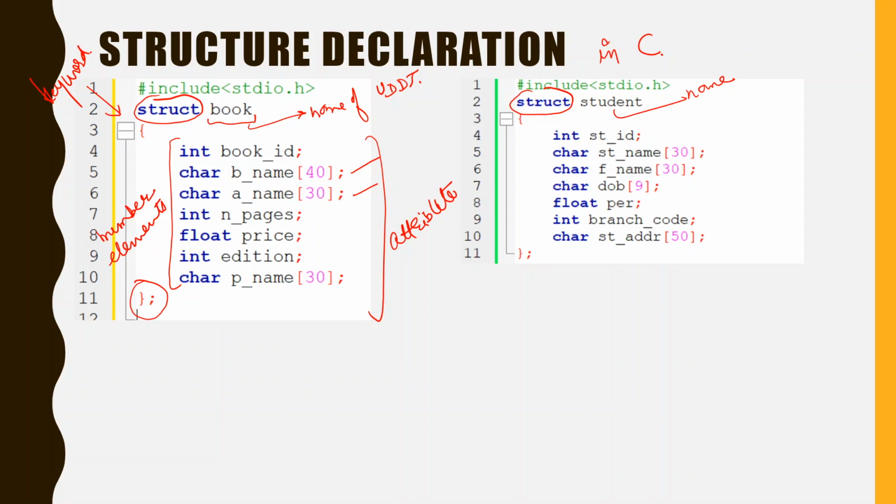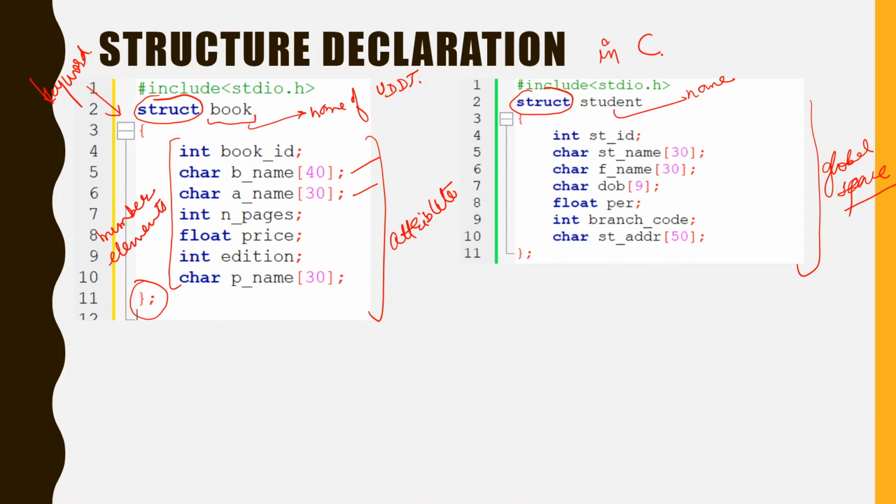Then you also have to see the proper place where this declaration is done. This declaration is done in the global space. Why is it done in the global space? You can see from my previous videos on functions what the global space is and what its importance is.